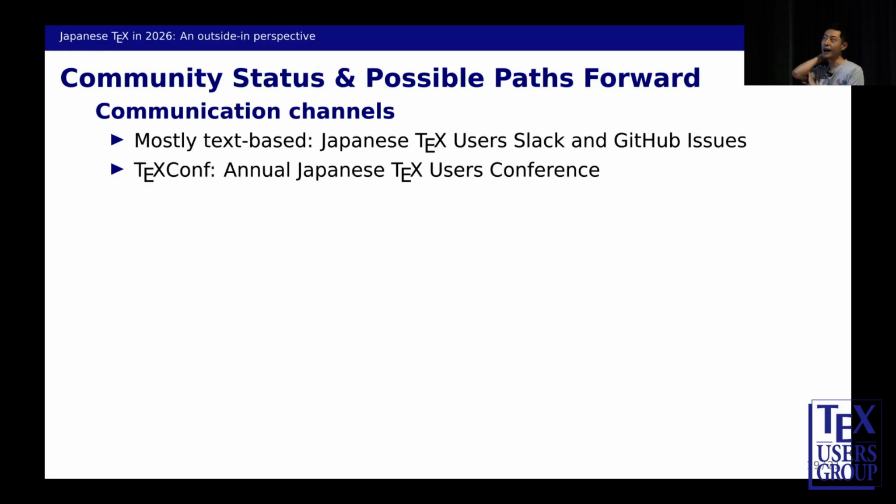But even so, we are trying to overcome this situation by keeping our communication channels tight among the Japanese developers. Those channels are mostly text-based, which is not so different from the international TeX community.